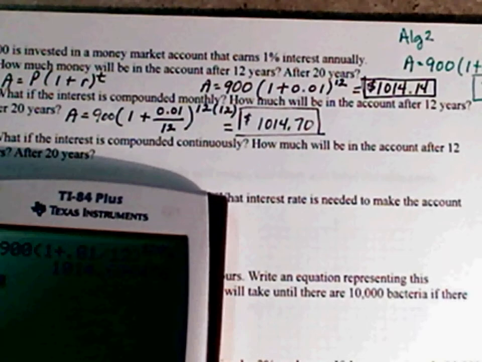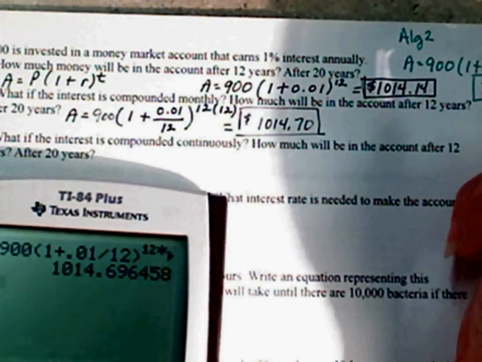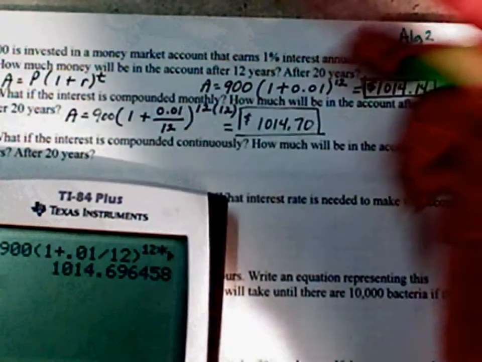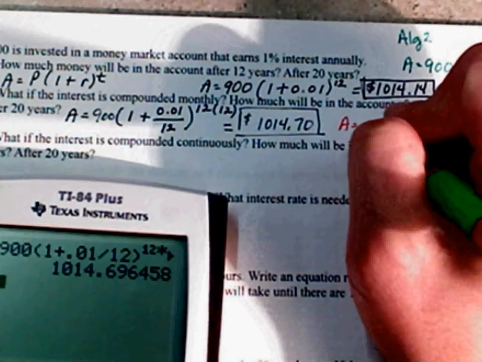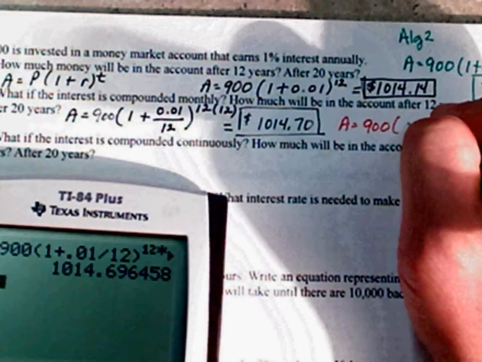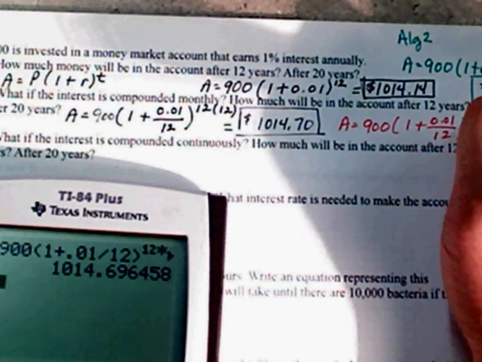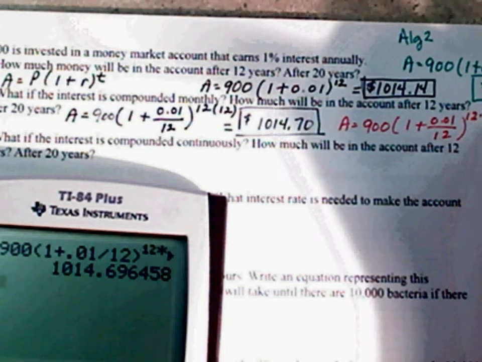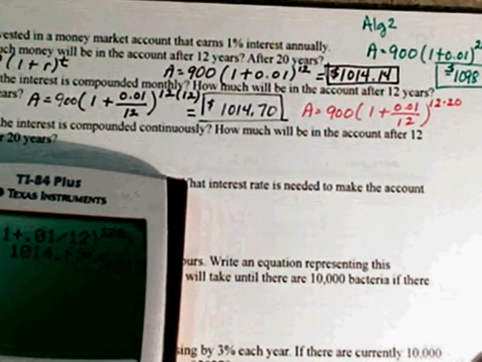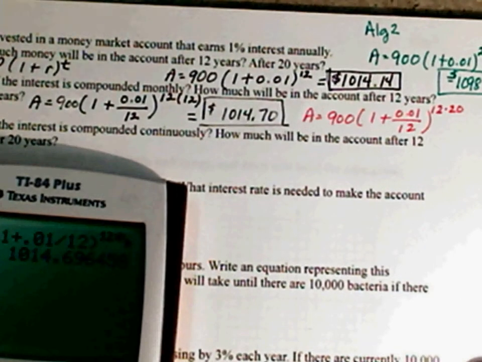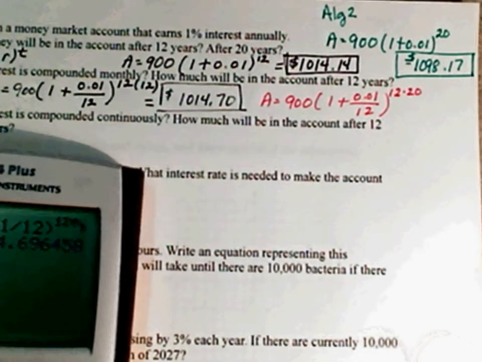You do the same thing for the second one, but instead of 12, you're going to look for 20 years. So A is equal to 900, 1 plus 0.01 over 12, raised to the 12 times 20. You do the same thing. By the way, I'm going to show you guys a little trick on your calculator.